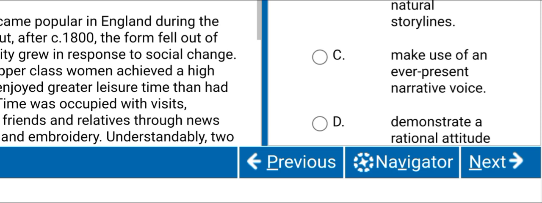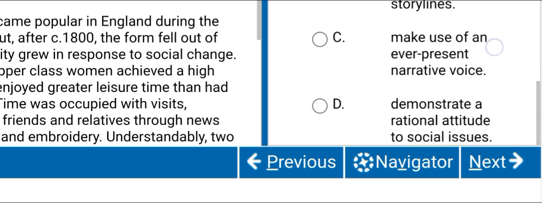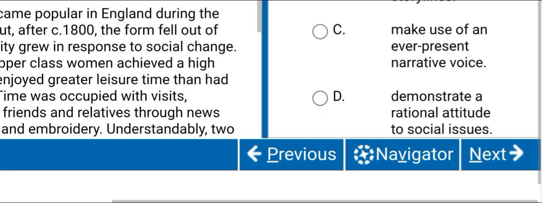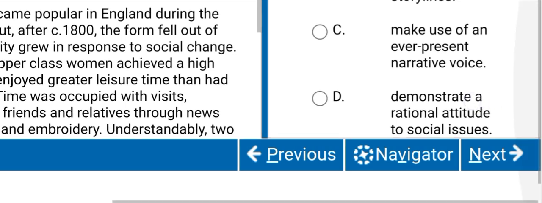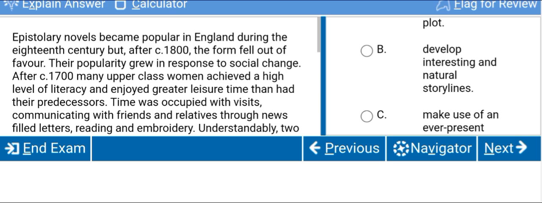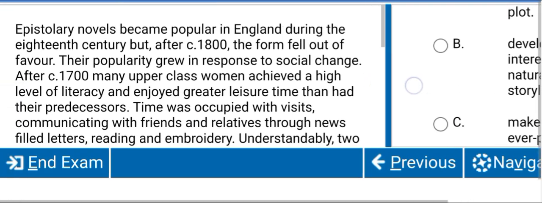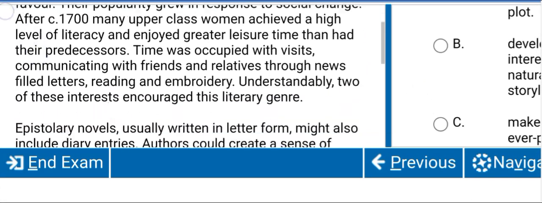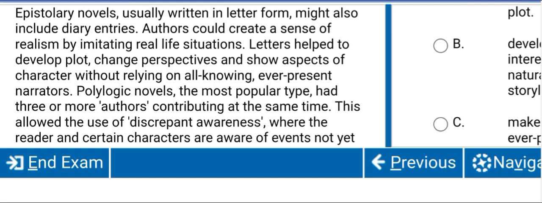Option C, make use of an ever-present narrative voice. Option D, demonstrate a rational attitude to social issues. Okay, so here we have these options and the same passage to find out our answers.